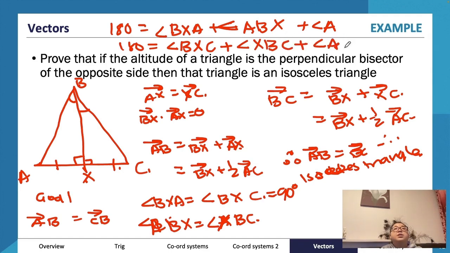So if you equate those different things and you go 1 minus 2, what you'll get is angle A minus angle C will equal 0. So you'll get angle A will equal angle C. So that's another way to prove it if you didn't want to use vectors to do this proof.